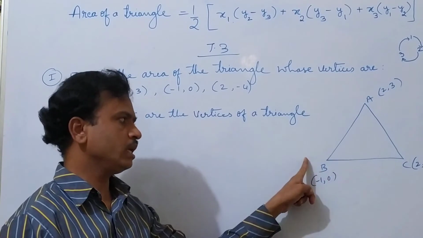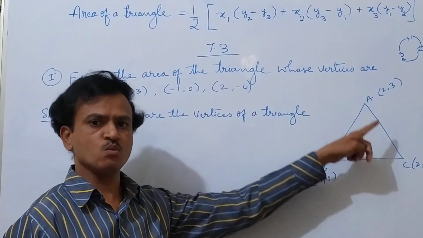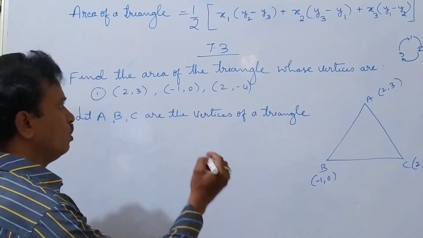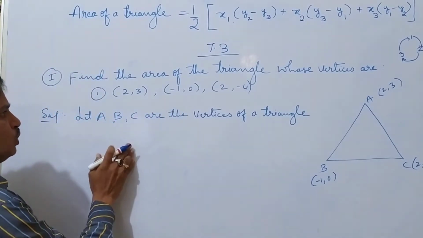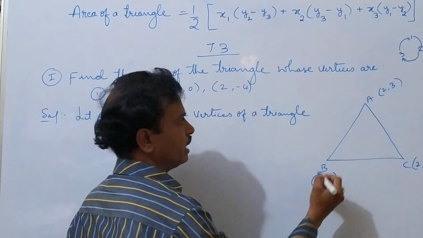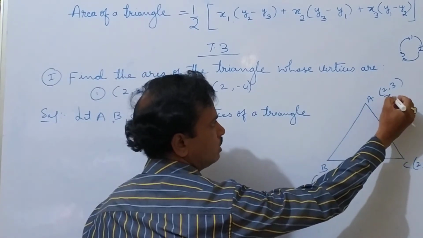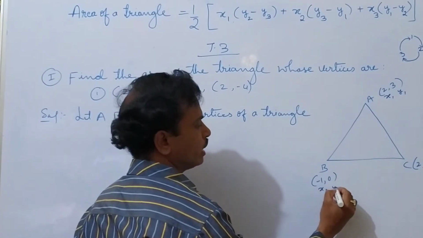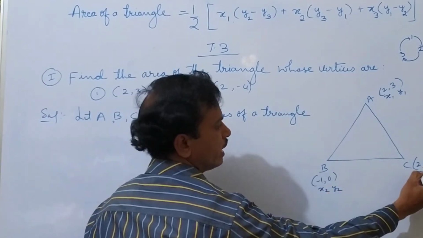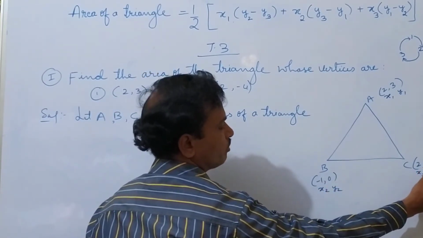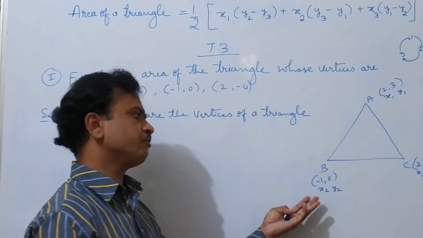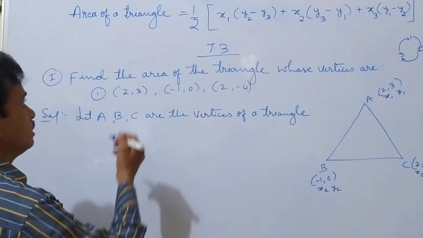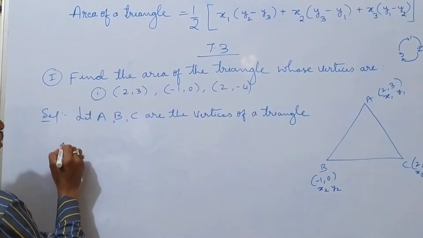In this diagram we can take (x1, y1), (x2, y2), (x3, y3). You can start from any point. After writing that, you should copy this formula.